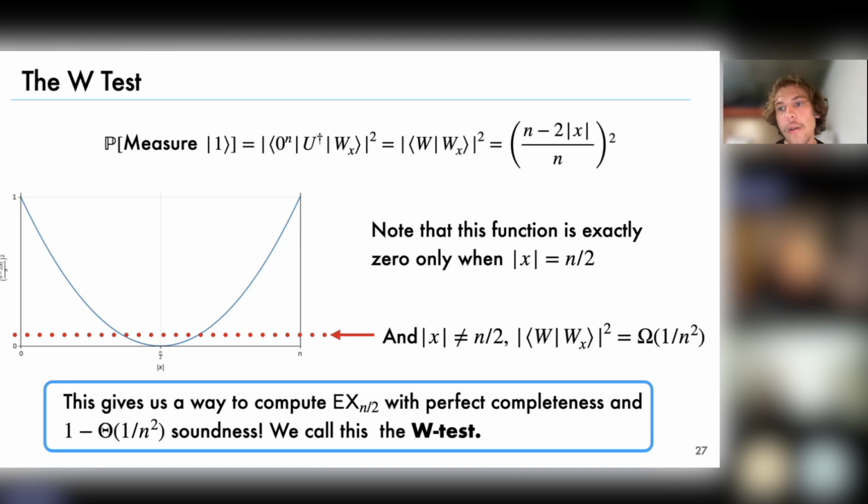So in some sense, you can think of this W test as computing exact n over 2 with perfect completeness and soundness roughly 1 minus 1 over n squared. And so this is the real subroutine powering our results. Does this make sense?